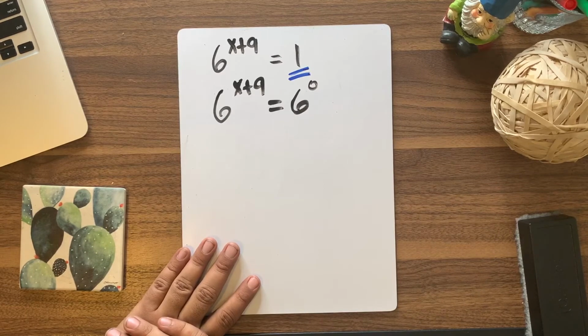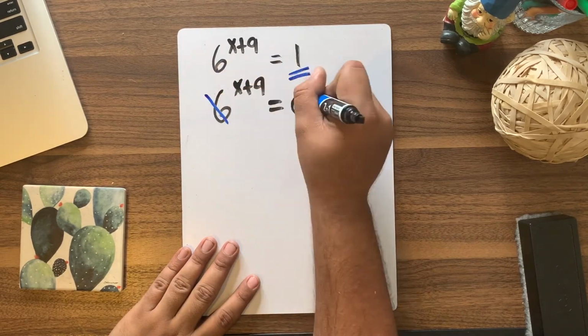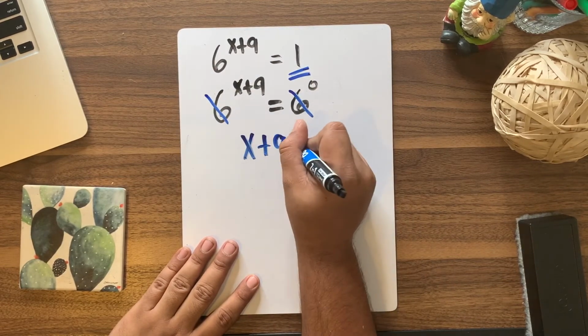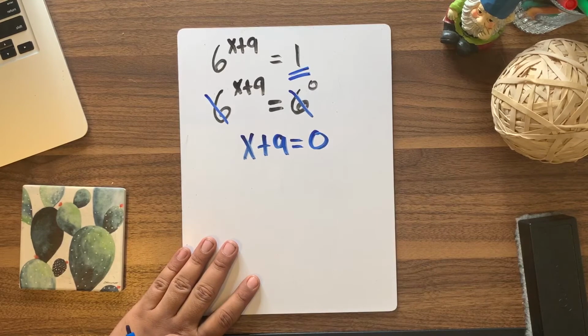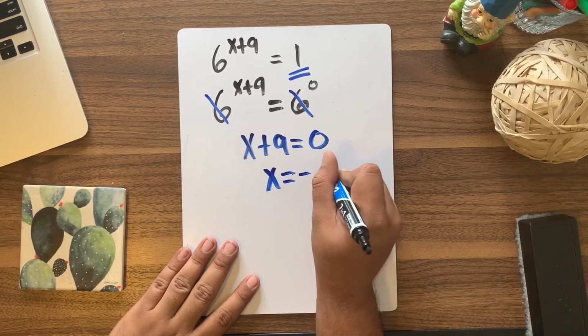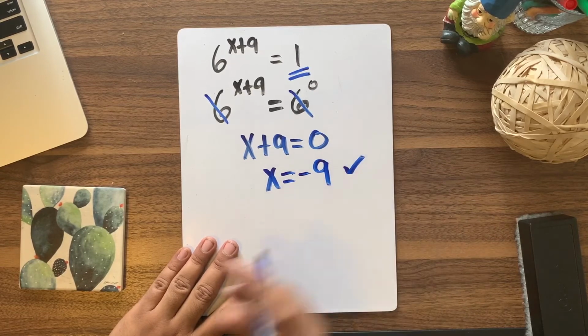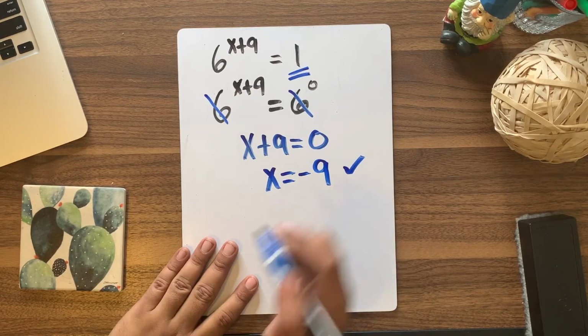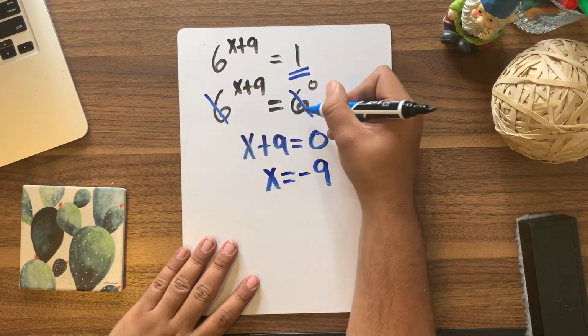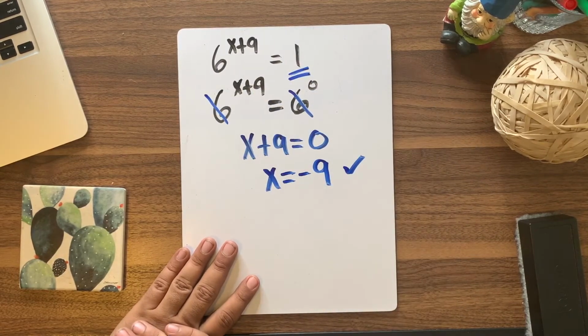So anything to the power 0 is 1. Now we do have common bases, and you end up with x plus 9 is equal to 0. Move the 9 to the other side, so minus 9 minus 9, you get x is equal to negative 9. So if you have a 1, it's most likely the same base you have over here to the power of 0.